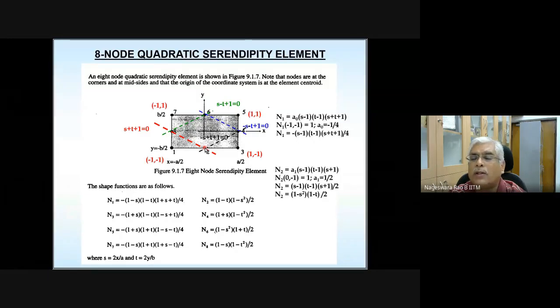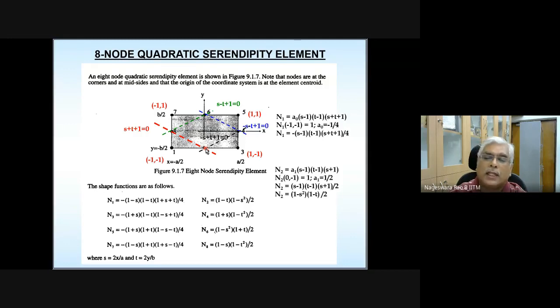Also T equal to minus 1, but if I use a T equal to minus 1 term, it is going to be 0 at this other location also. So what I can do is include the term S, that is S equal to 0.